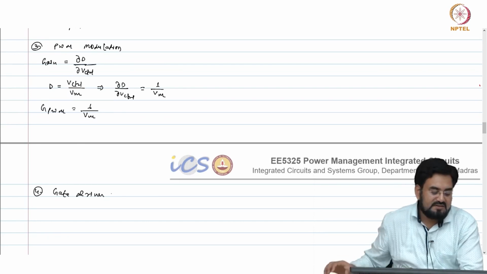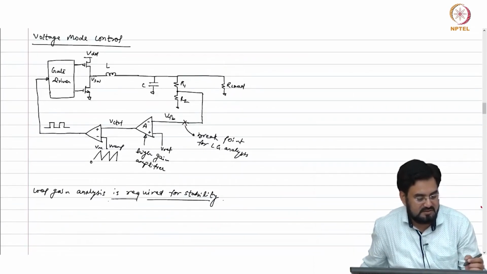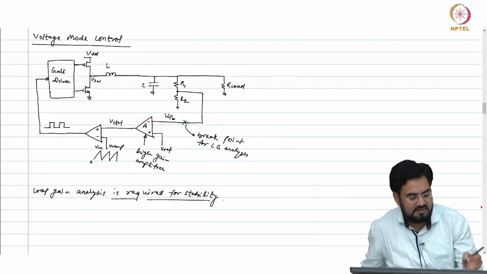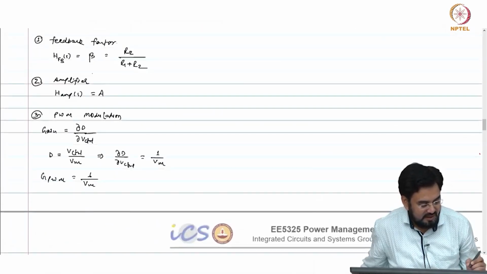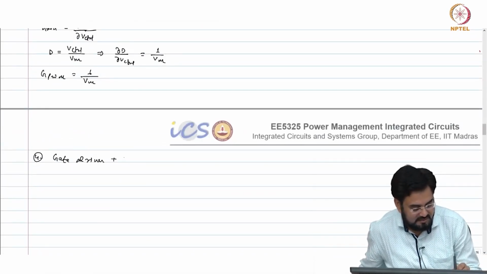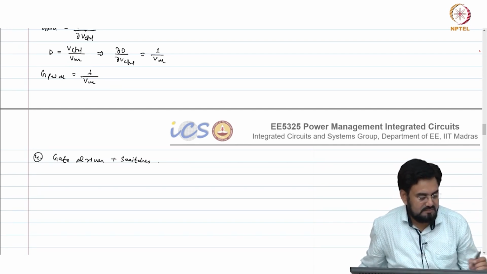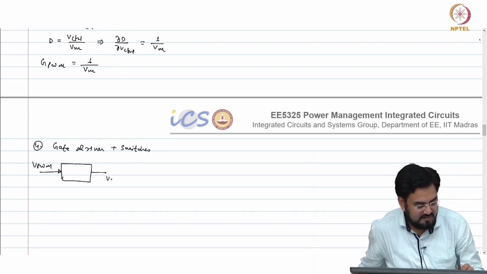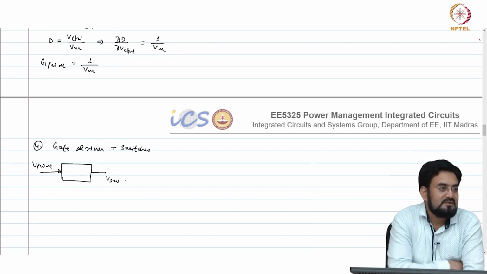Let's include the switches also here, so gate driver plus switches. Which means you are feeding VPWM here and you are getting VSW, correct?